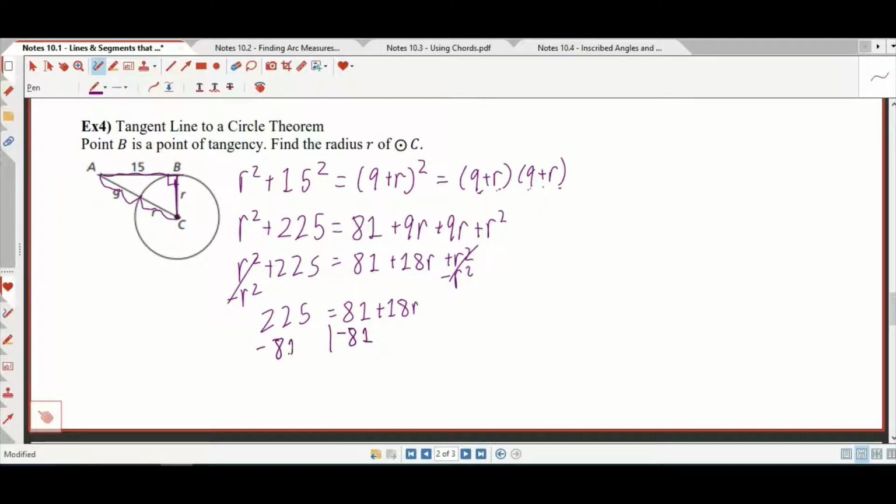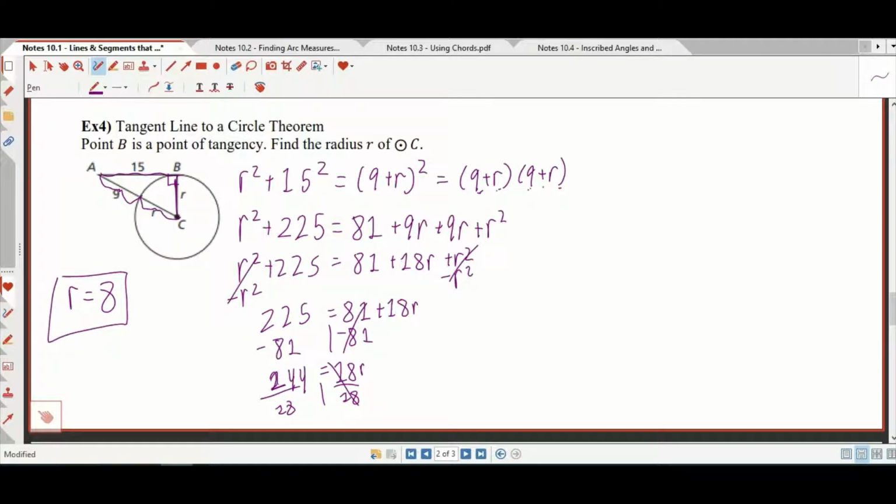Subtract 81 from both sides, and you get 144. Divide both sides by 18. And hey presto, you get r equals 8. The radius of that is 8.